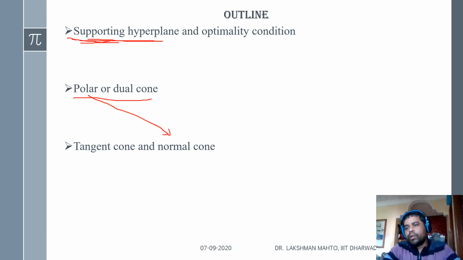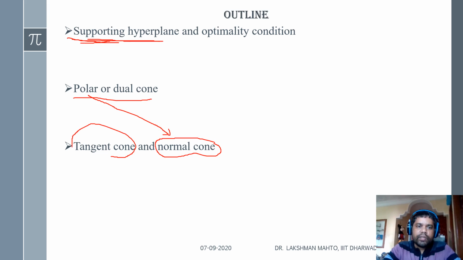Whenever you see the KKT condition, the condition that the given constraint is satisfying forms a cone, and that cone we call a normal cone. Just as a negative of this normal cone, we will have a cone that we call the tangent cone.